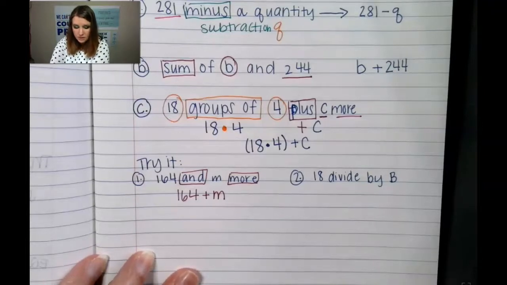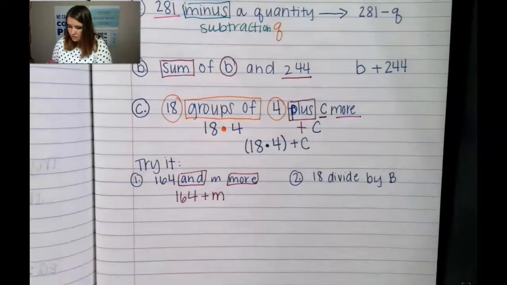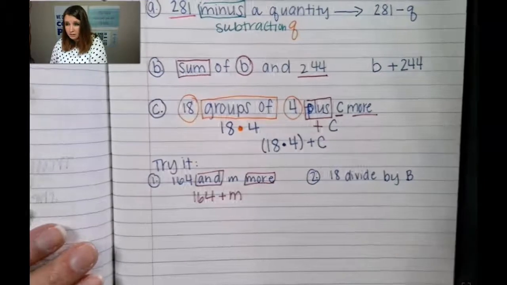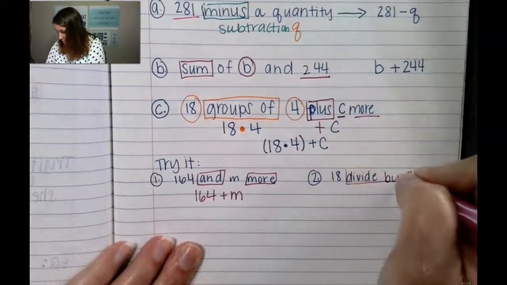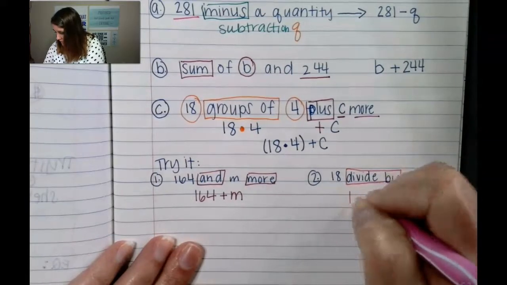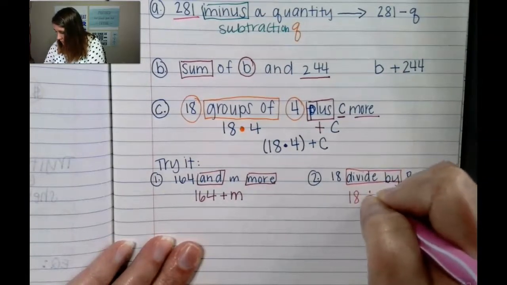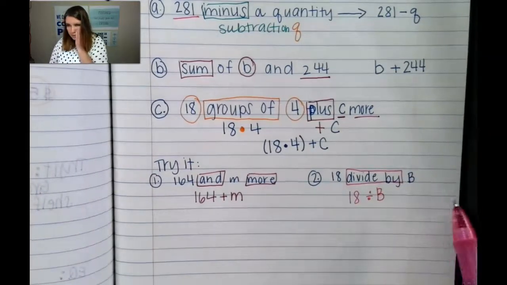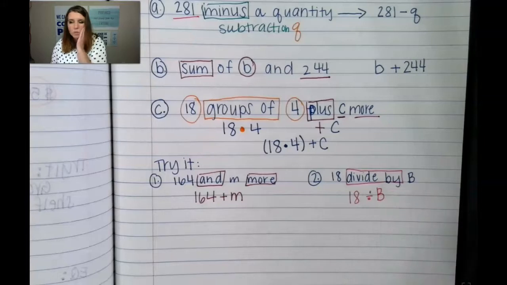Okay, on the next one, what color do I use? Okay. This one tells me to divide by, so I'm going to divide by 18 divided by B. And normally your B would be a small b. I don't know why I did a big B, but it should just be a small b.